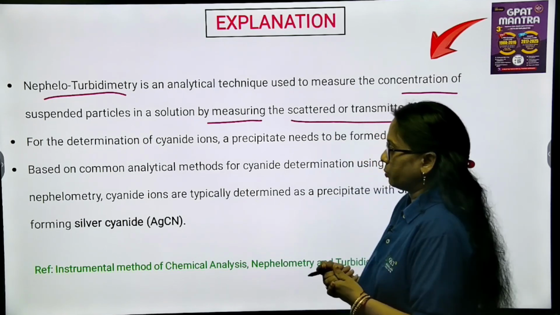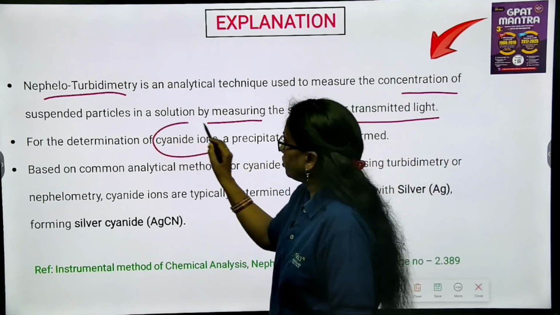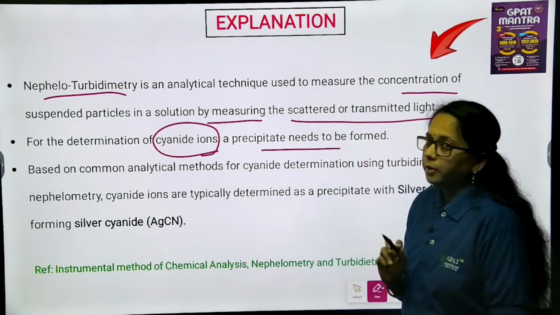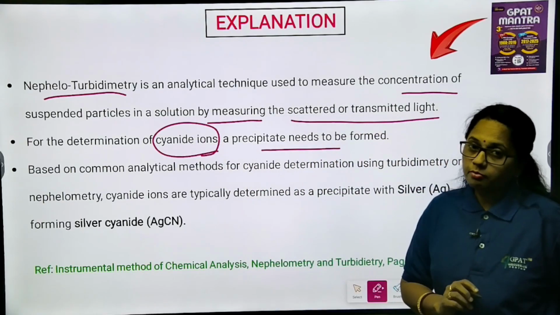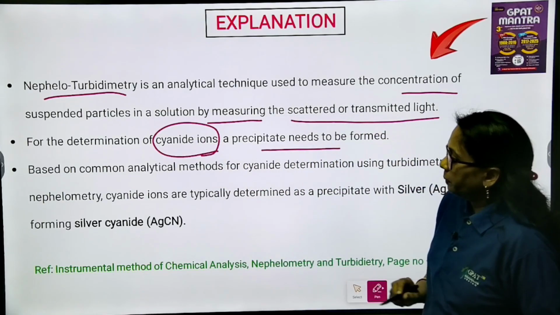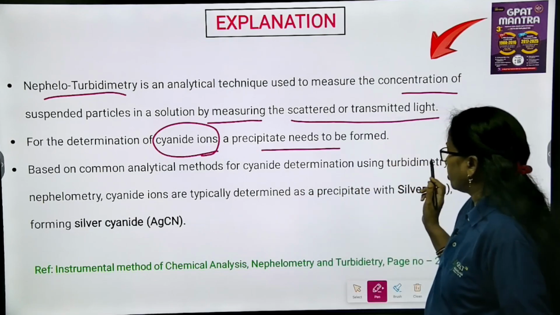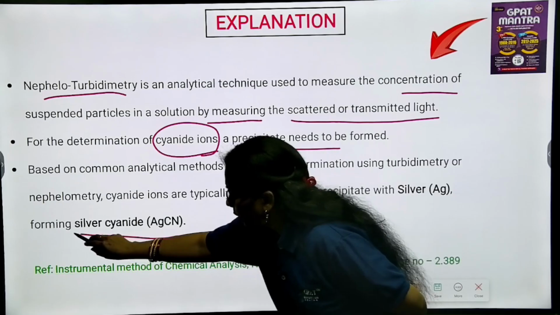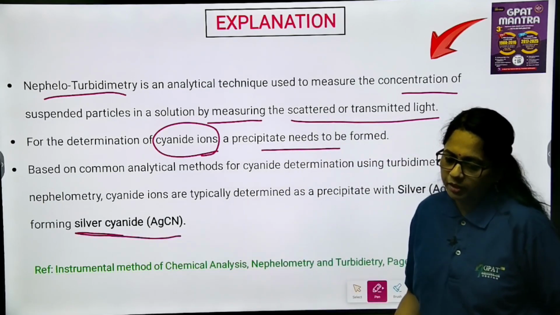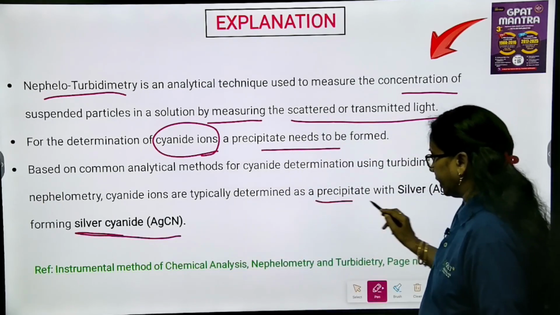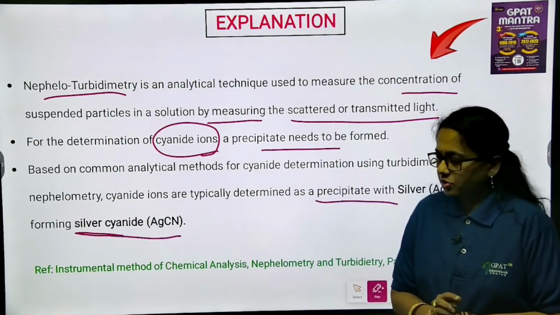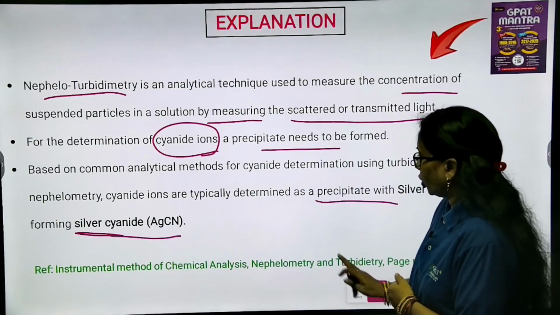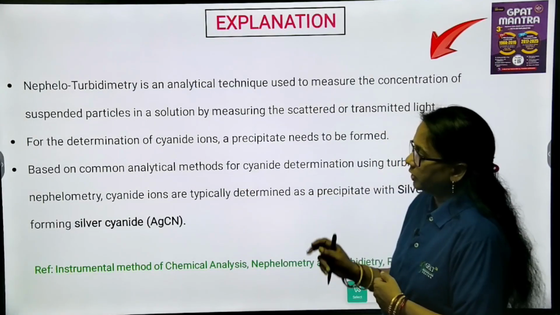Whenever cyanide ions are present, you need a precipitate by nephroturbidometry. So based on this cyanide determination using turbidometry, we are going to take the help of silver ions, thereby we are going to see a precipitate with these silver ions, okay. So that's why option B is going to be the right answer.